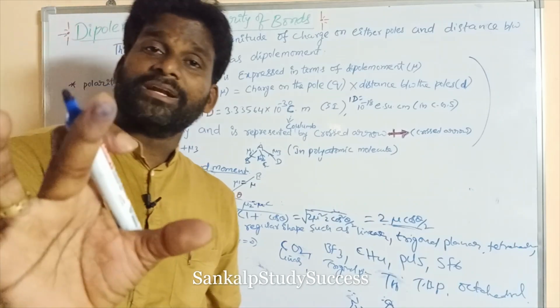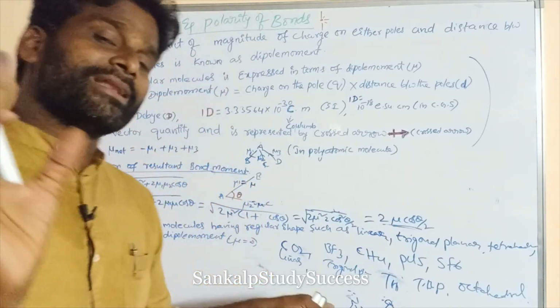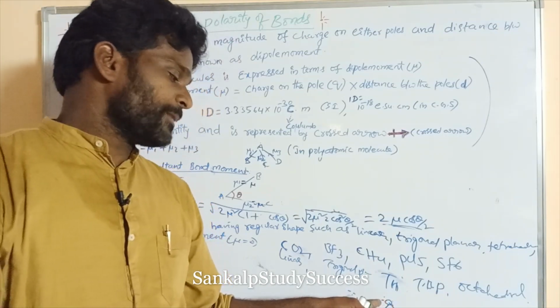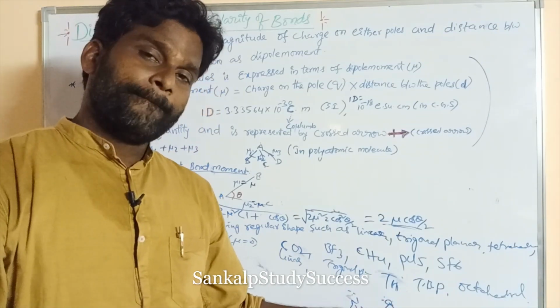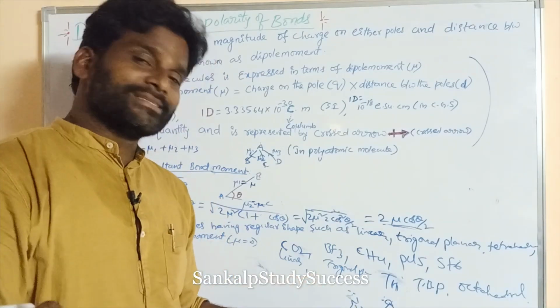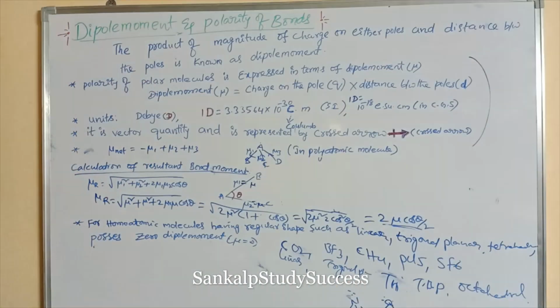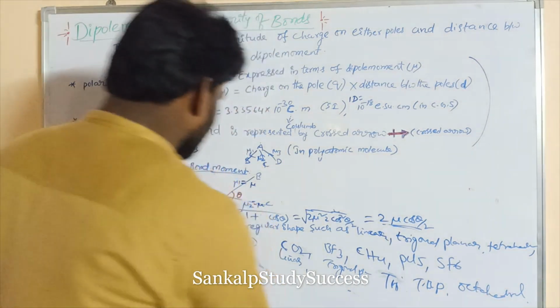According to sp3 hybridization, the shape should be tetrahedral, but the shape is not tetrahedral. So the shape of the H2O molecule is angular or bent, and the shape of NH3 is pyramidal. So these are distorted shapes or irregular shapes.